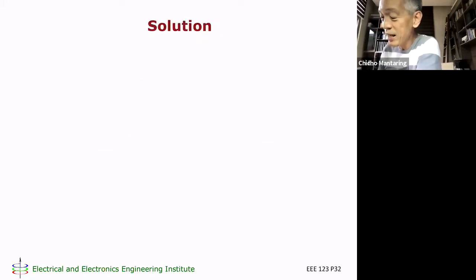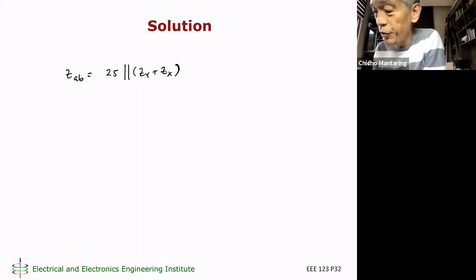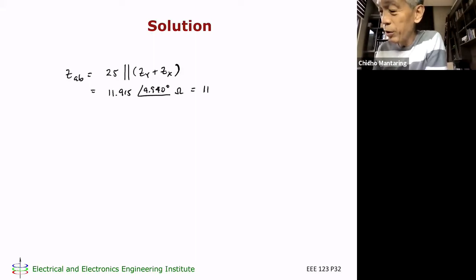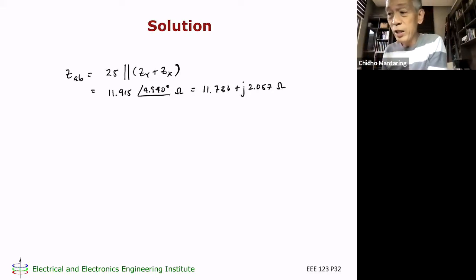So ZAB is just 25 in parallel with ZY plus ZX. I'll just give you the answer. If you compute for this, it will come out 11.915 at an angle of 9.940 degrees ohms, which is equal to 11.736 plus j2.057 ohms. So that's going to be the answer. That's just network simplification.